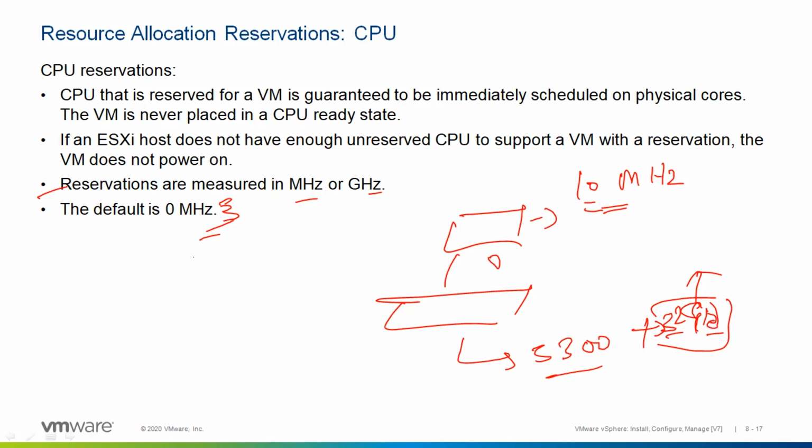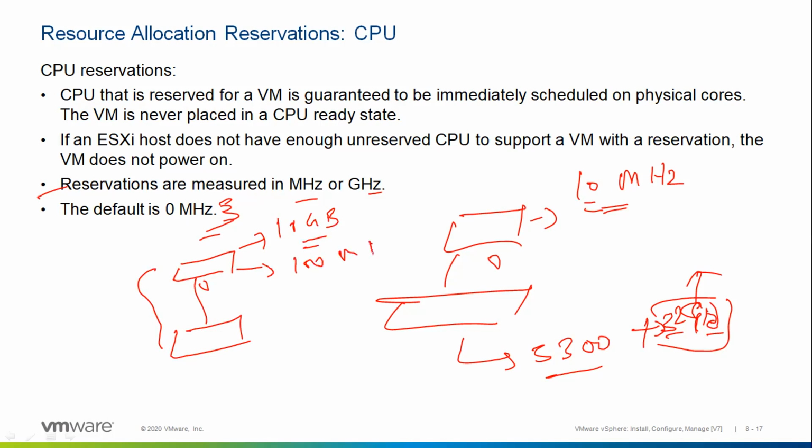So in which case should we give the reservation? Reservation only for a particular critical application, where we say, boss, it requires 10 GB of memory. Anyhow, it requires 100 megahertz of CPU. That's mandatory for running this virtual machine or application. In that case, we will reserve the minimum guaranteed resources for that virtual machine.